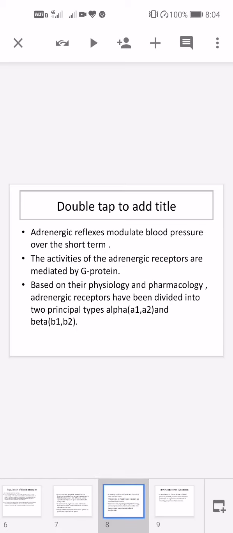Adrenergic reflexes modulate the blood pressure over the short term, and the activities of adrenergic receptors are mediated by G protein. Based on their physiology and pharmacology, adrenergic receptors have been divided into two principal types, alpha and beta. And these are alpha 1, alpha 2, and beta 1, beta 2 mainly.